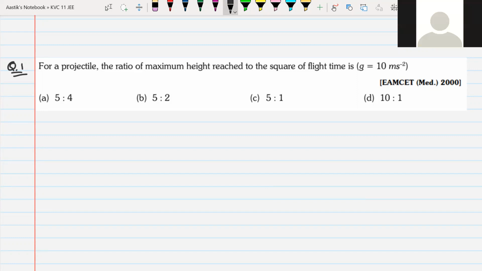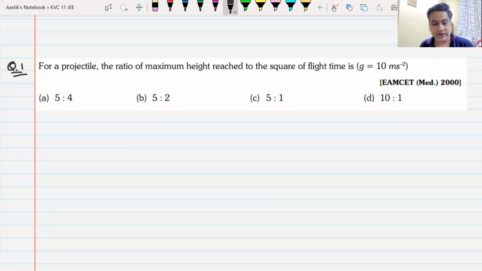This is just for you to get accustomed with the different formulae that we have done. Do we have an answer for this one? Anyone?